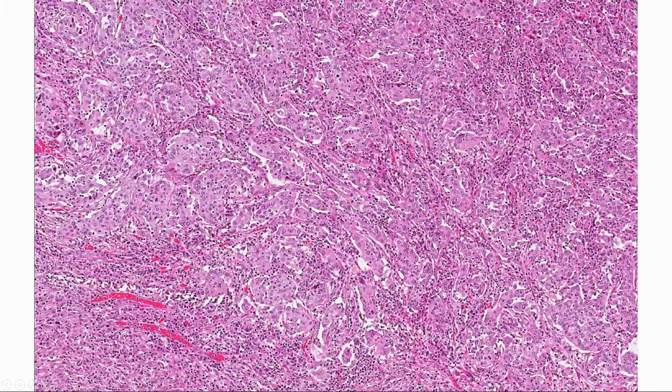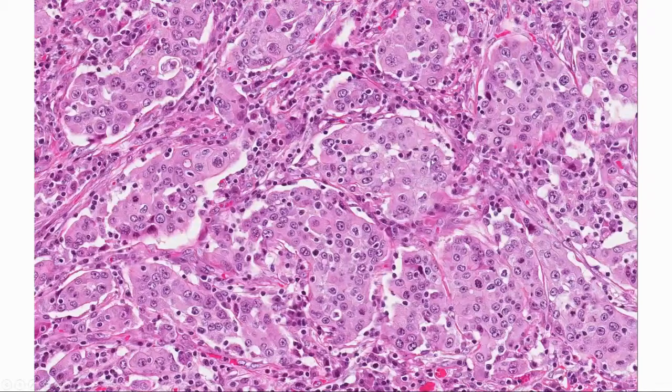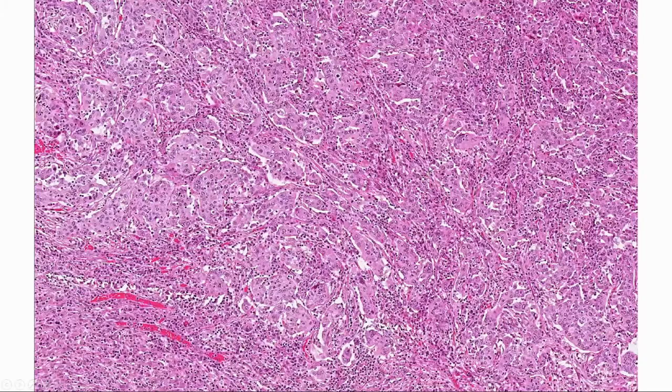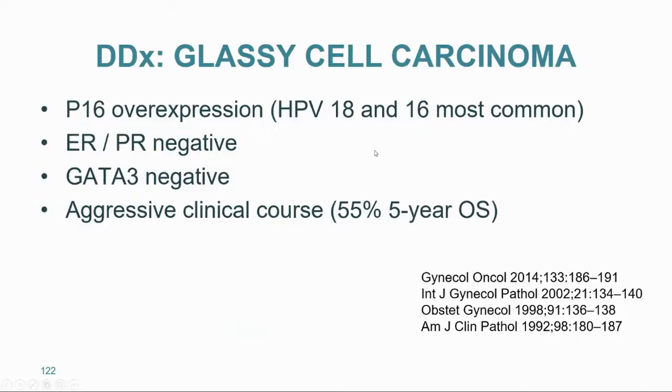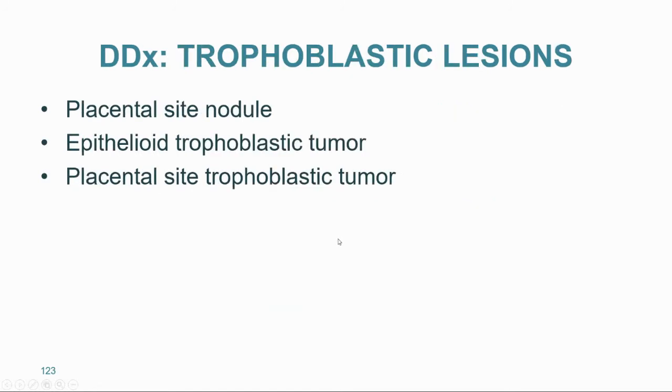When you see something that grows in solid sheets or nests, is not really showing definitive squamous cell differentiation, but instead has this abundant cytoplasm of the cells with ground glass appearance, think of glassy cell carcinoma. These lesions are characterized by an aggressive clinical course, which is significantly worse than conventional squamous cell carcinomas.